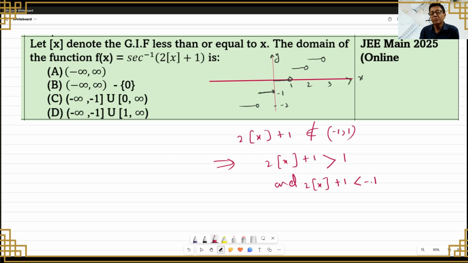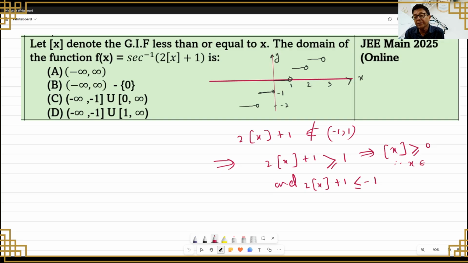Am I clear? So the first one implies what? Modulo x 1 minus 1 0. So modulo x greater than 0. It may be equal to also, isn't it? Because that sec can assume the value 1. So you put greater than or equal to 0.